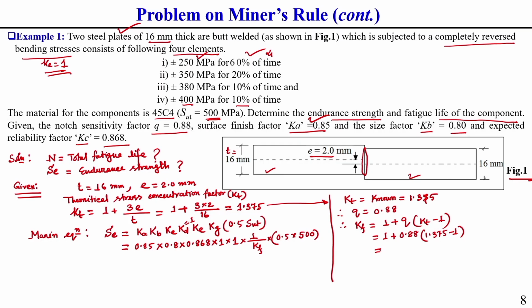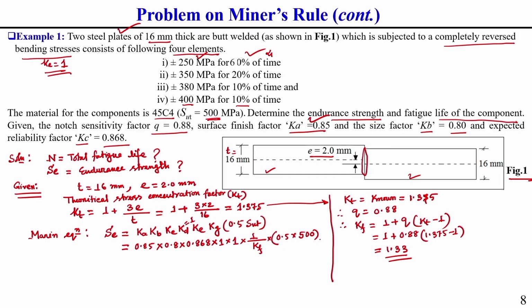If we put these things here, we will get Kf equal to 1.33. This Kf we need to use in the Marine equation for endurance strength calculation.